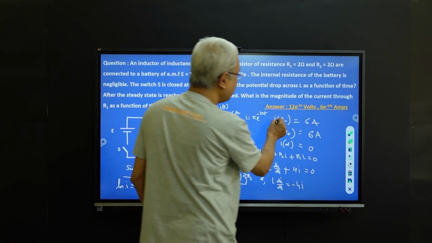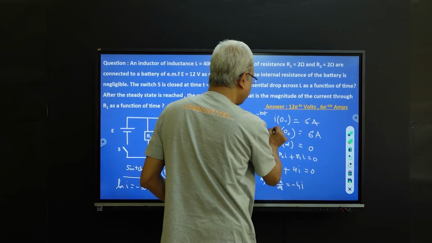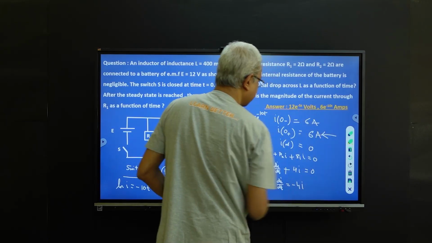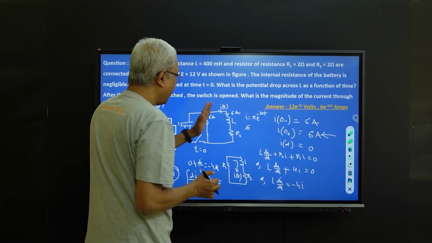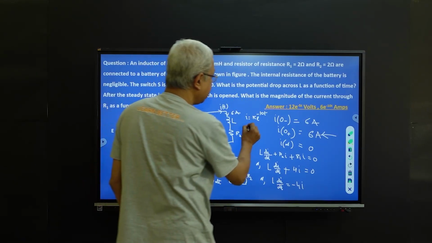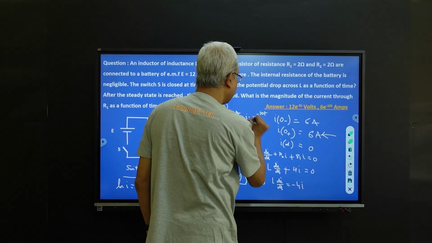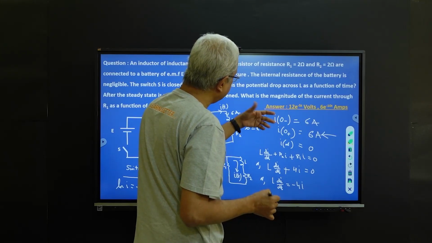At t equal to 0 plus, I is 6 ampere. If I apply this initial condition, which is the condition the inductance obeys, 6 is equal to K, because at t equal to 0 plus, 10t is 0, and e to the power minus 0 is 1.